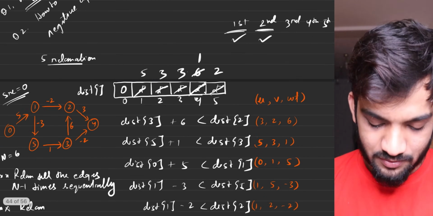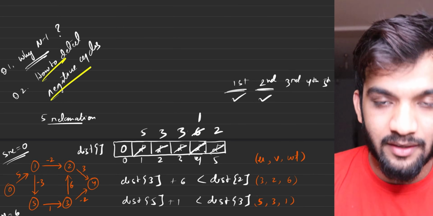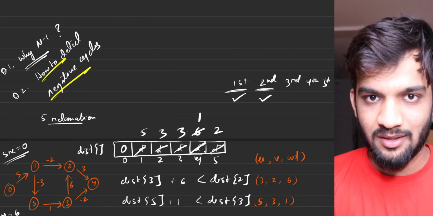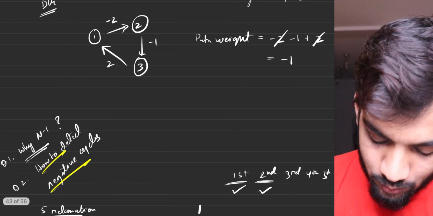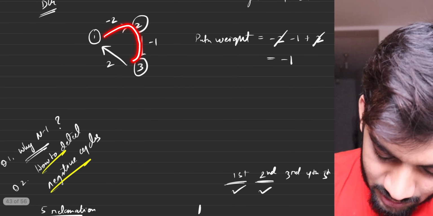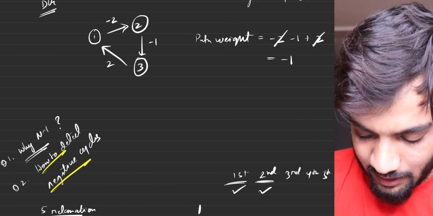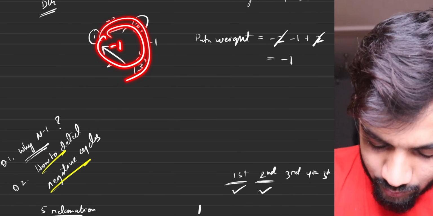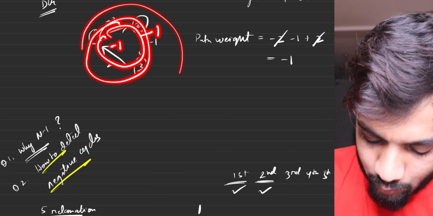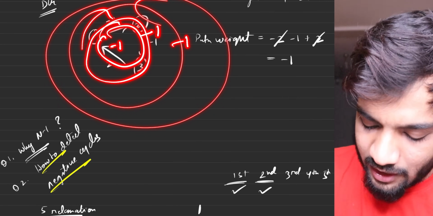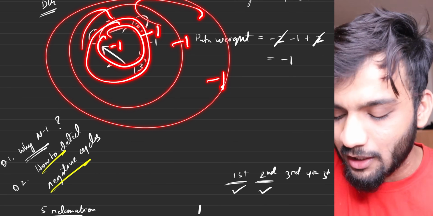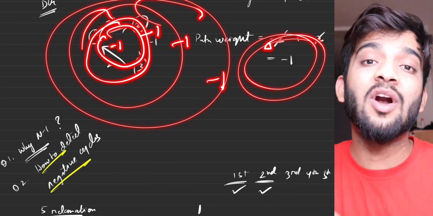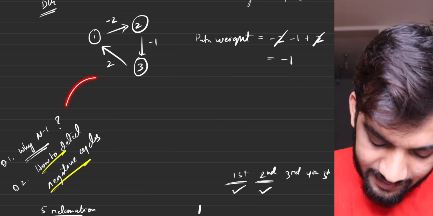Now, the question is how to detect a negative cycle. Again, thought process. A negative cycle means if I keep on rotating, this will give you minus 1. Again, if I rotate, it will give you another minus 1. If I rotate, another minus 1. On every rotation, you are decreasing the path value by 1. So what will happen if there is a negative cycle?